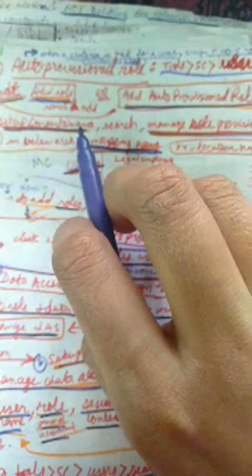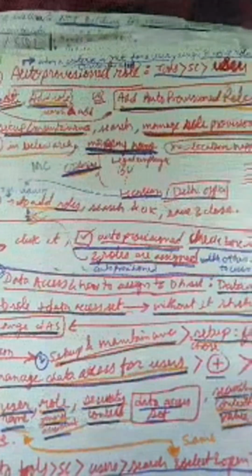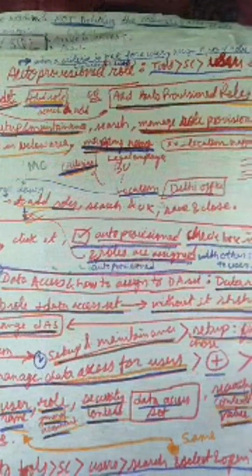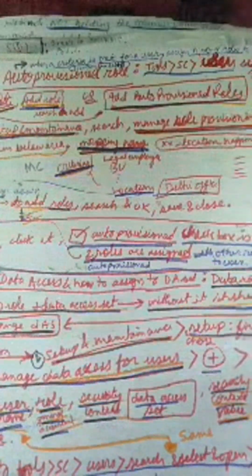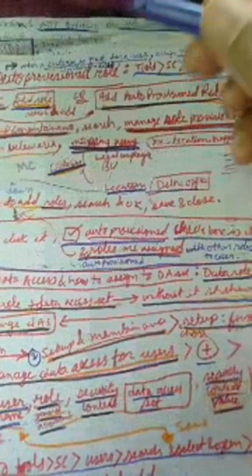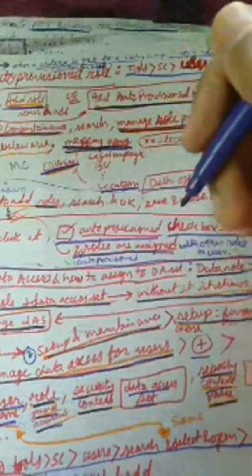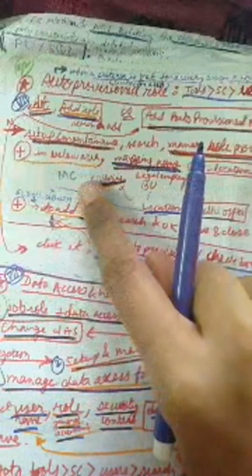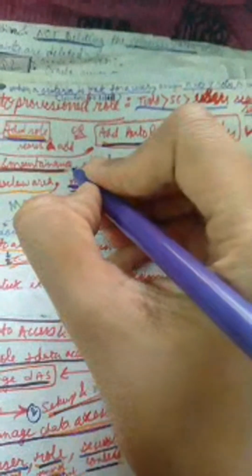First, we'll go to setup and maintenance, depending upon which offering I want: finance, CRM or HCM. Right now we are dealing with AP, so we'll select setup finance.